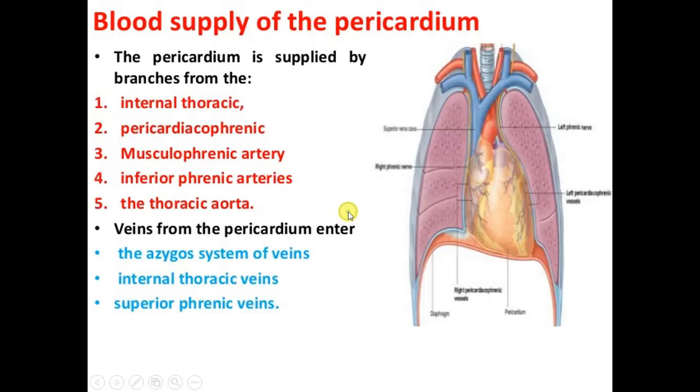So this is the arterial supply of the pericardium: from the internal thoracic, pericardiophrenic, musculophrenic, inferior phrenic arteries, and thoracic aorta. The esophageal and bronchial branches also supply the pericardium. The venous drainage will be along the internal thoracic vein, superior phrenic veins and the azygos venous system.